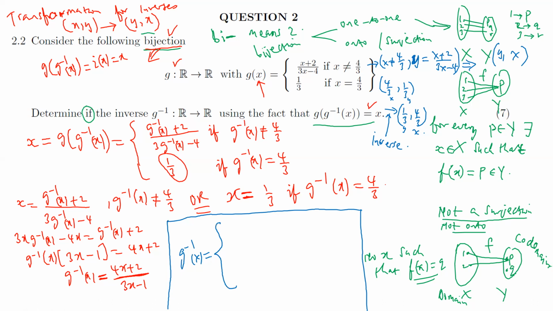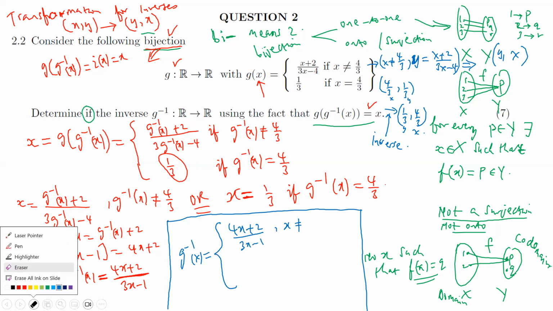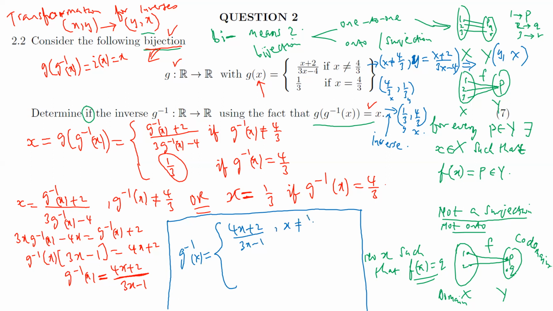So what is G inverse? For the top part, we have seen that G inverse is going to be 4x plus 2 divided by 3x minus 1. And this is true, but x cannot be 1/3, because then the denominator is going to be 0.